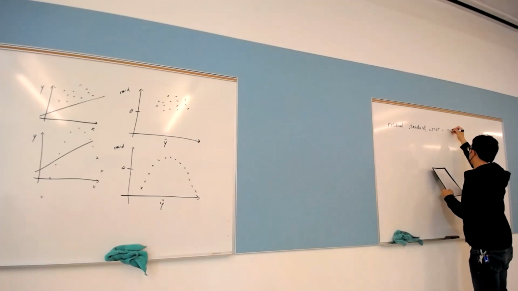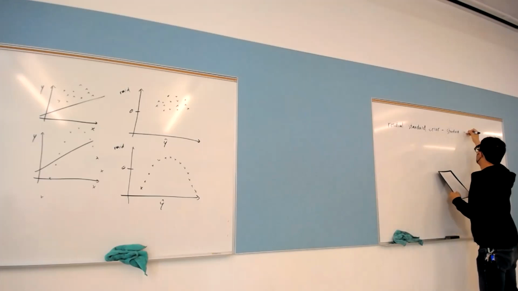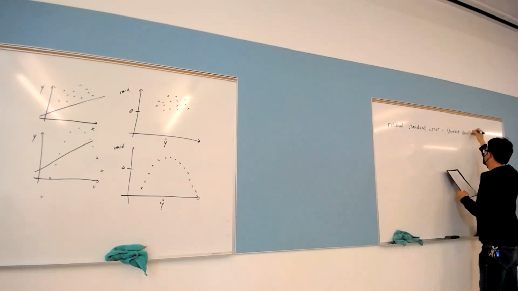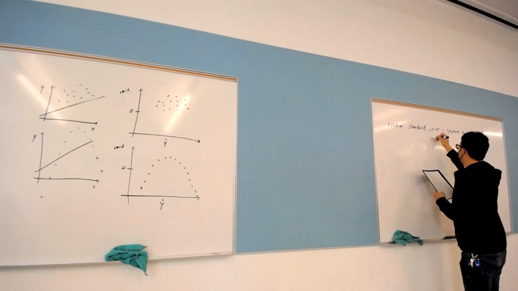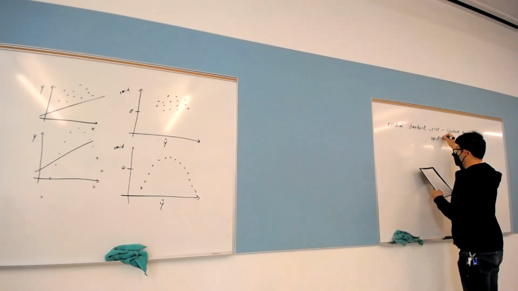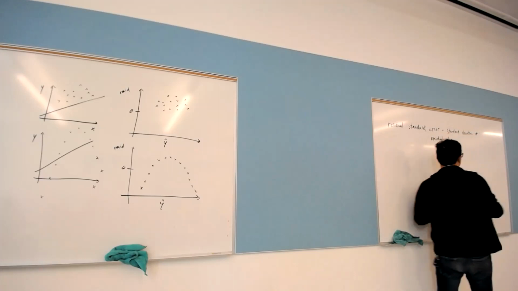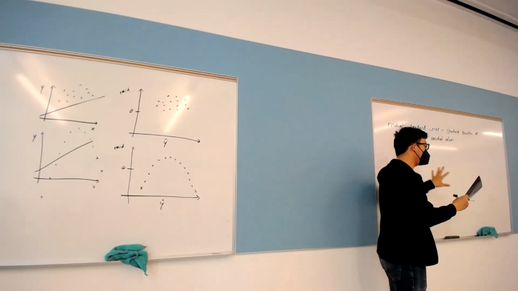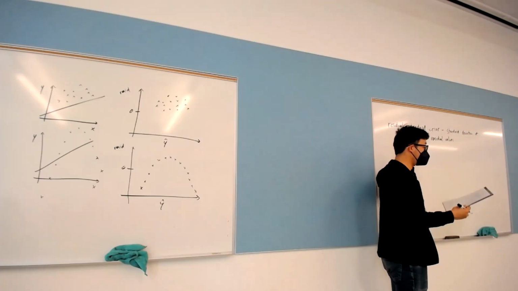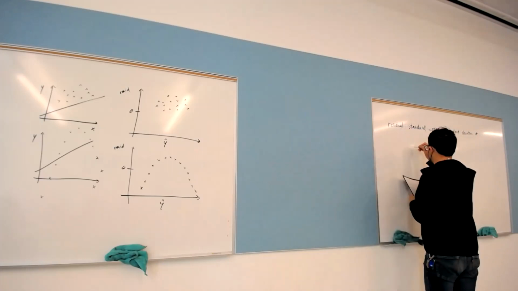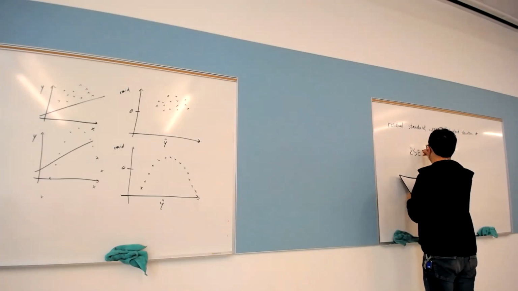And this is simply the standard deviation of residual values. So this essentially tells you the spread of the points about your regression line. Okay, so I'm going to give the mathematical definition here, RSE.